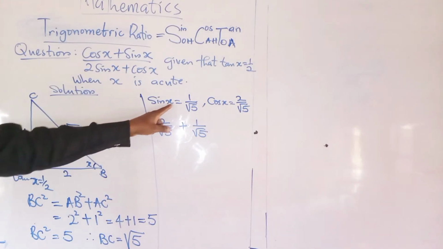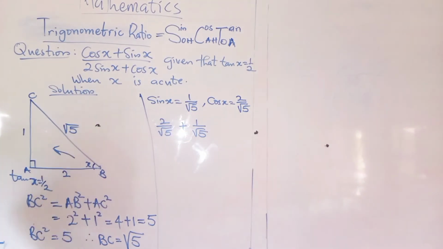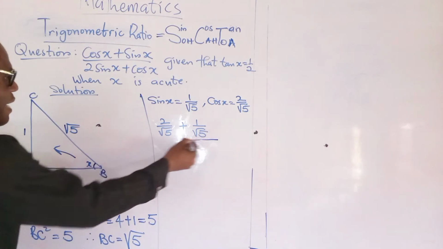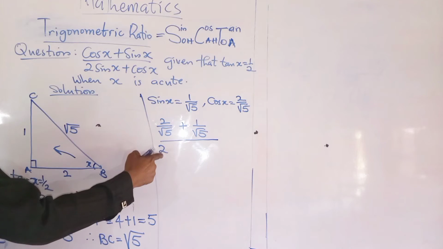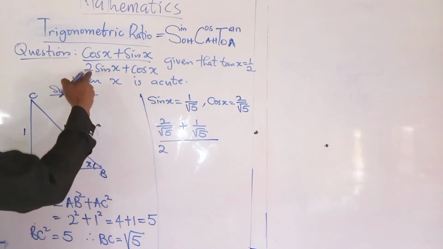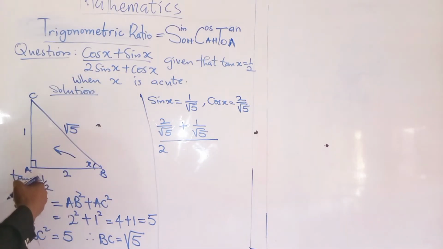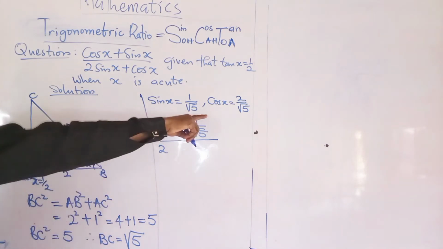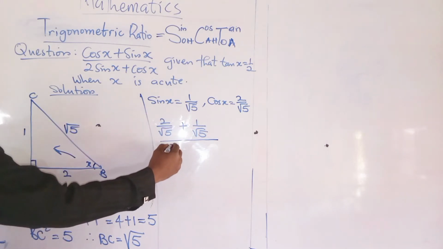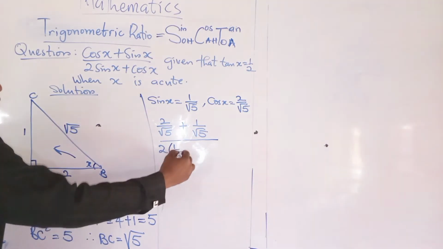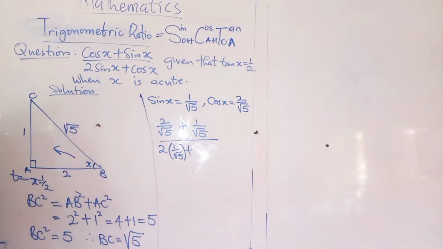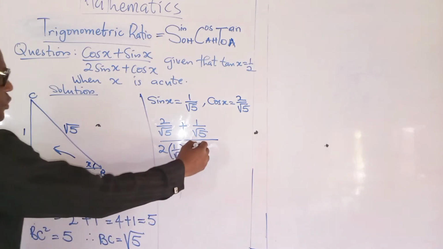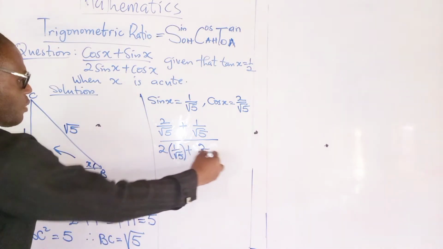Then sine x, we have 1 over square root of 5. So divided by 2, we keep it the same because we need to follow this question. Sine x is 1 divided by square root of 5 plus cos x is 2 divided by square root of 5.